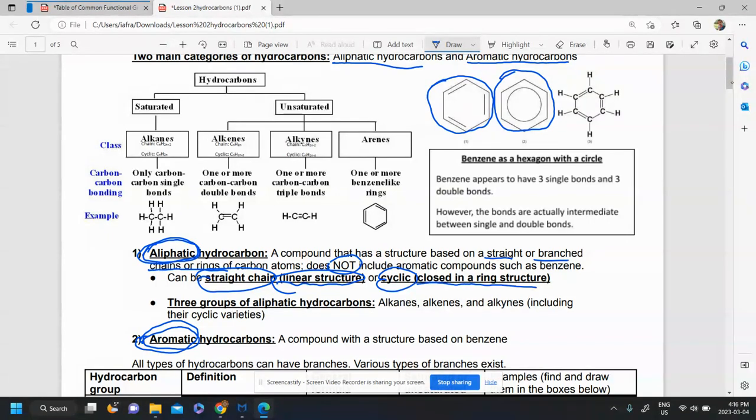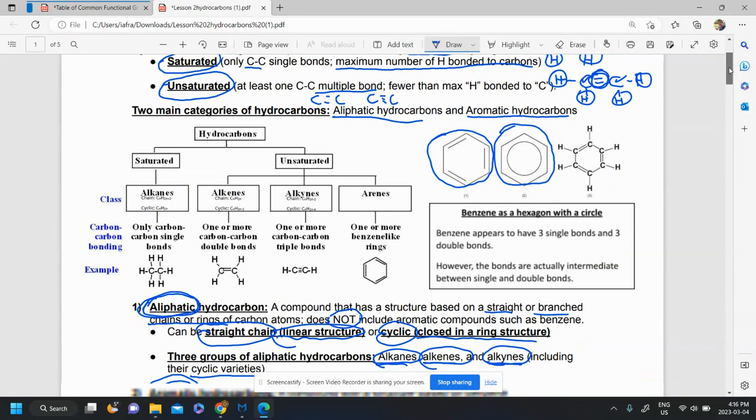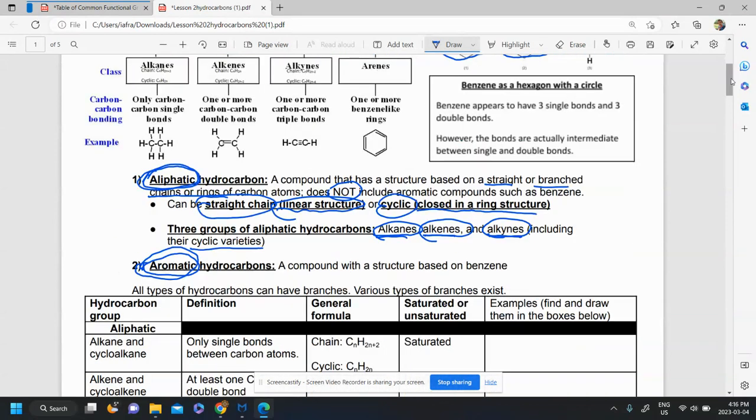And within the aliphatic hydrocarbon family, there are 3 different varieties or groups you can have. You can have alkanes, alkenes, and alkynes. And then they have their cyclic varieties, so you can have rings of alkanes, rings of alkenes, rings of alkynes. So essentially what we just saw is that hydrocarbons can be classified as aliphatic or aromatic.